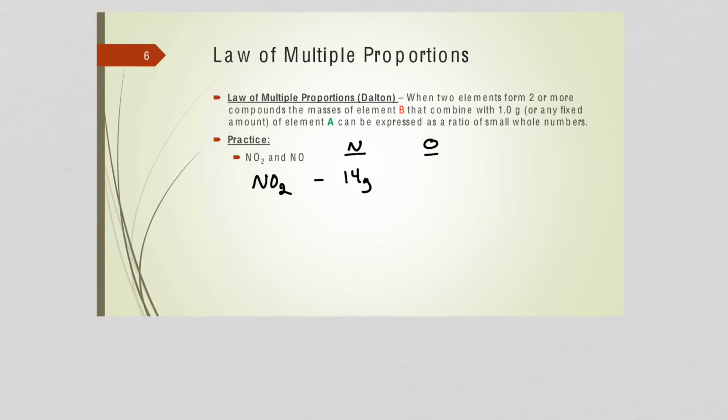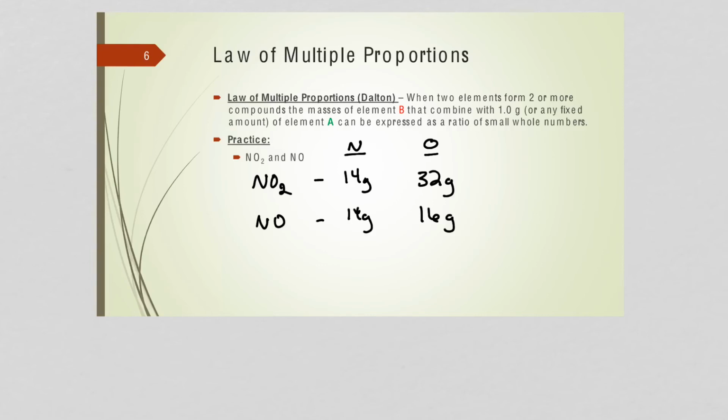It's 16 each on the periodic table, so 32 grams of oxygen. And for NO, if we do the same thing, I would have one nitrogen, so 14 grams of nitrogen, and one oxygen, or 16 grams of oxygen.